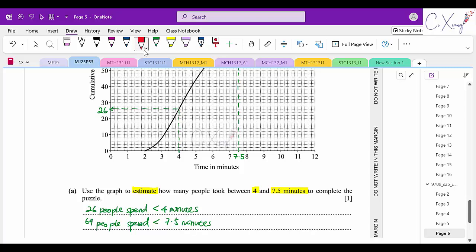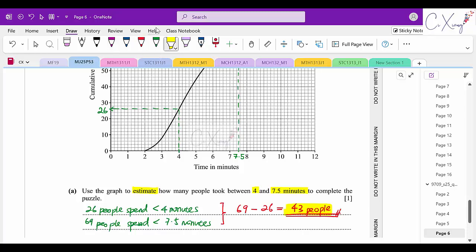To know the people who take between 4 and 7.5, you have to take 69 minus 26. By right, you will get 43 people who use between 4 minutes to 7.5 minutes to solve the puzzle. This is what we have for part A.